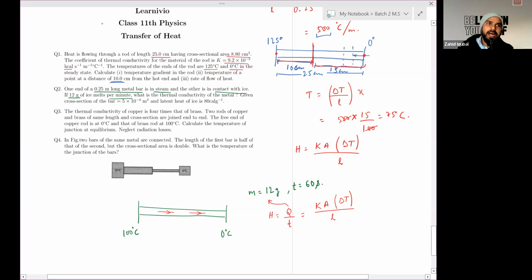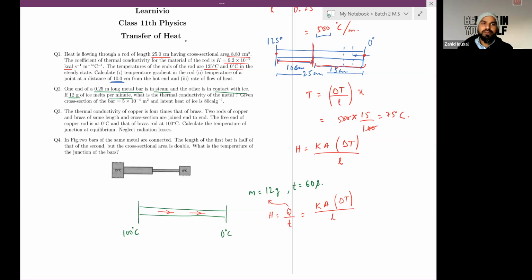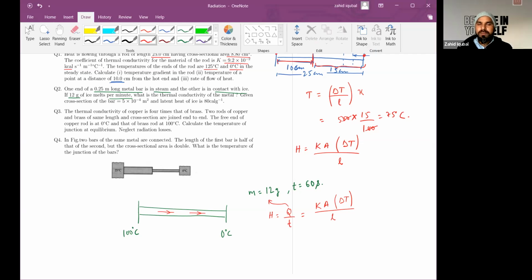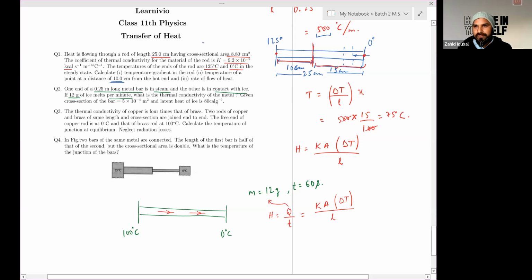In this part, ice is melting into water, so we can call this particular heat the latent heat of fusion. So Q will be equal to the mass of ice melted times the latent heat of fusion divided by the time taken, equal to K A delta T divided by L.